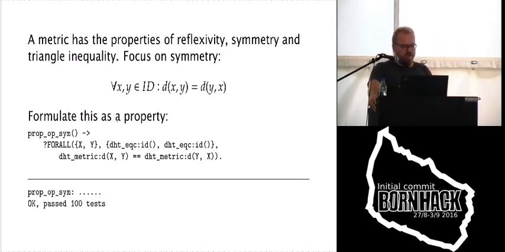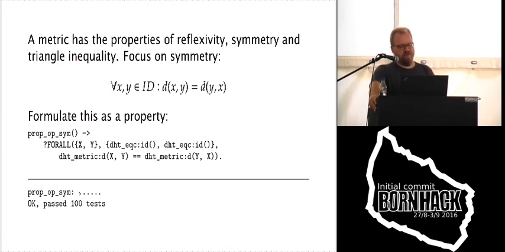being a metric. And here's how you would formulate it in QuickCheck. So you say, for all pairs x, y, where we generate, this identity here is a generator that generates a random identity, and we generate a pair of those, then we can ask, is the x to y distance the same as the y to x distance? And once you run this, it'll generate random identities and do this.